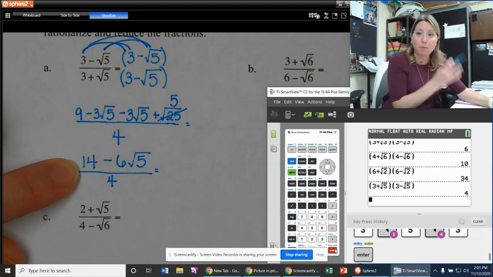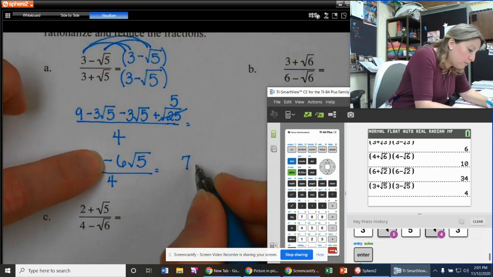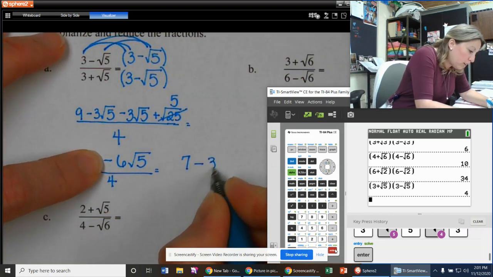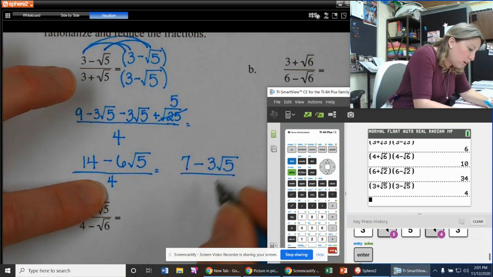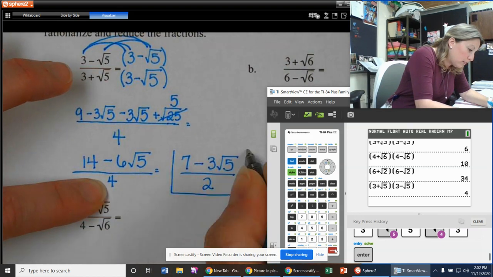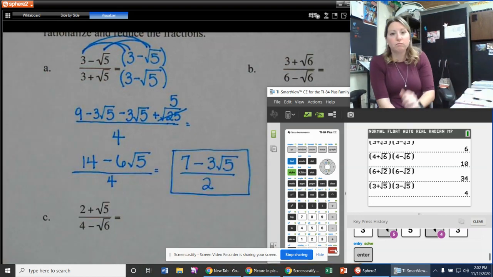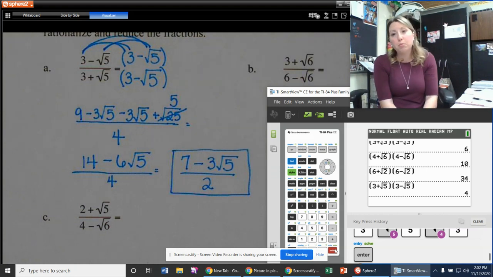So let's divide them all by 2. 14 divided by 2 is 7. Negative 6 divided by 2 is negative 3, and the radical 5 comes along. In the denominator, 4 divided by 2 is 2. There is my final simplified answer. It does take a little longer to do these, but it's not that bad.